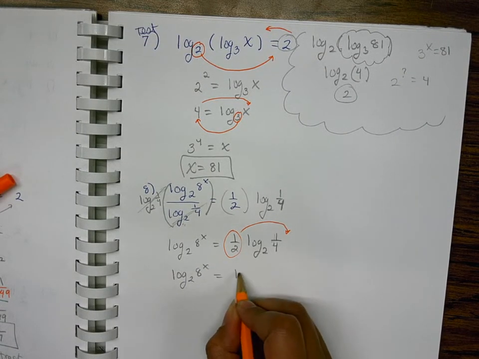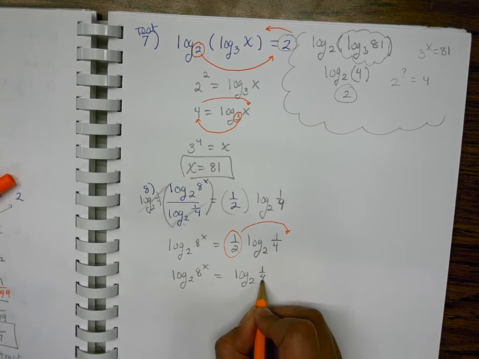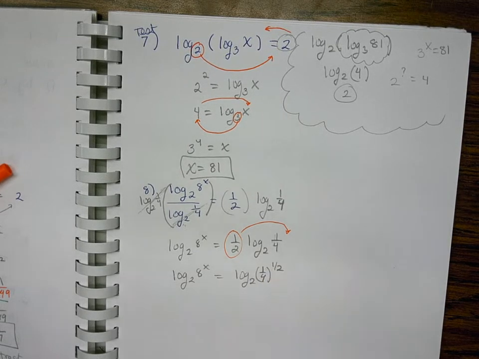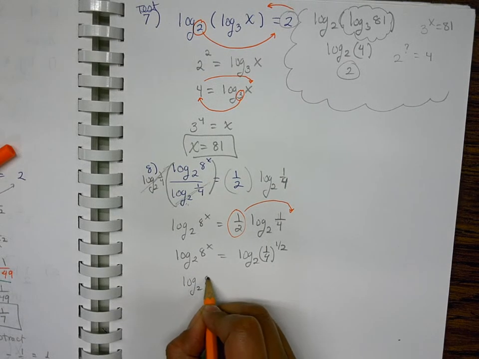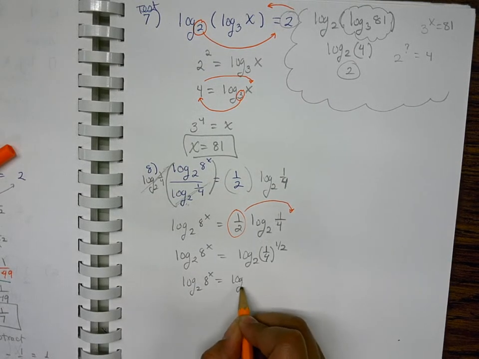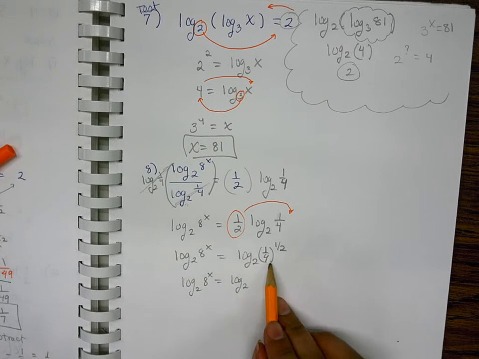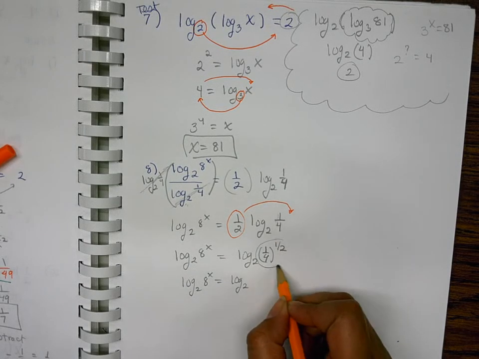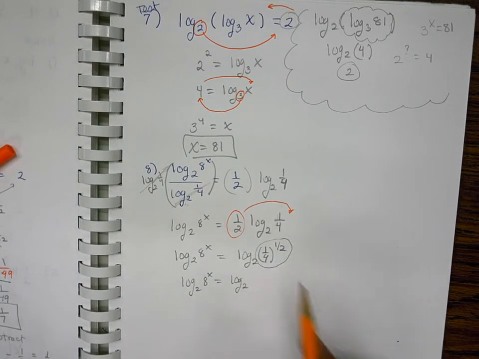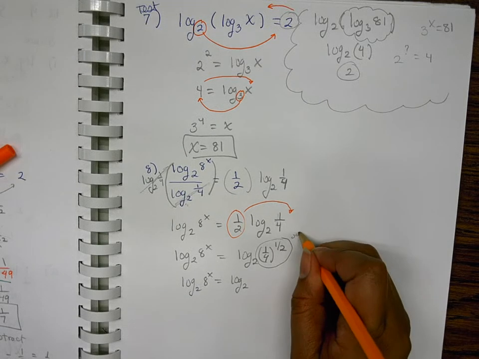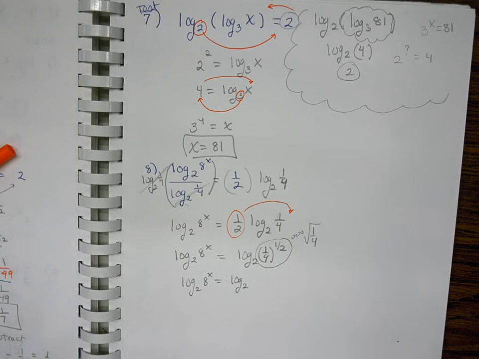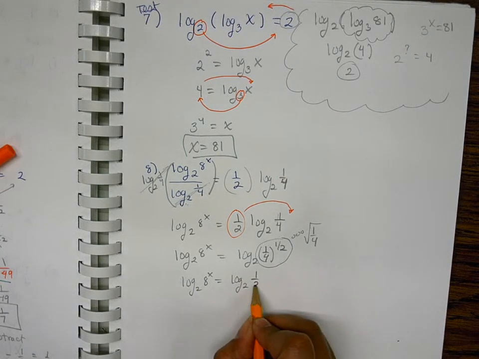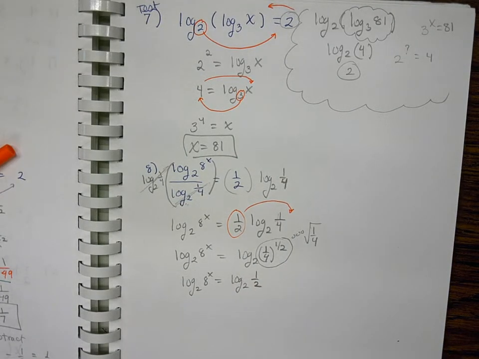Log base 2 of 8 to the x equals log base 2 of 1/4 raised to the 1/2, which is the same as the square root of 1/4. And what is the square root of 1/4? 1/2.